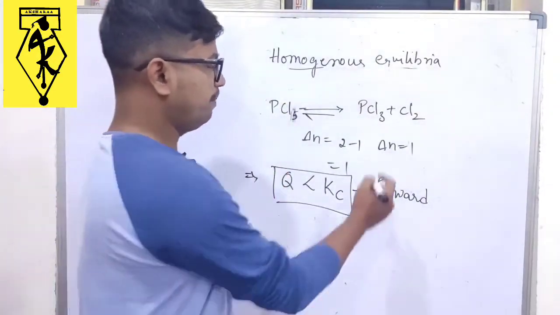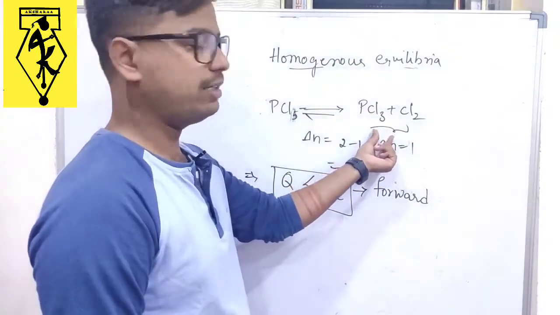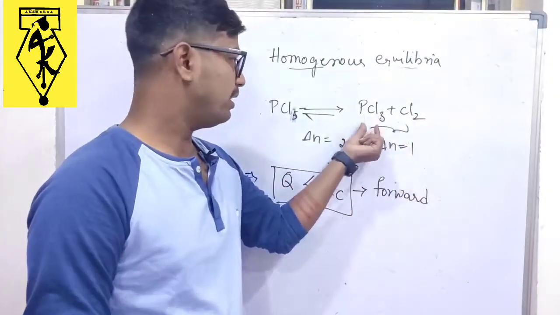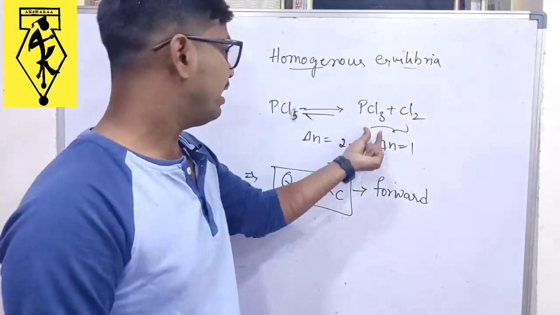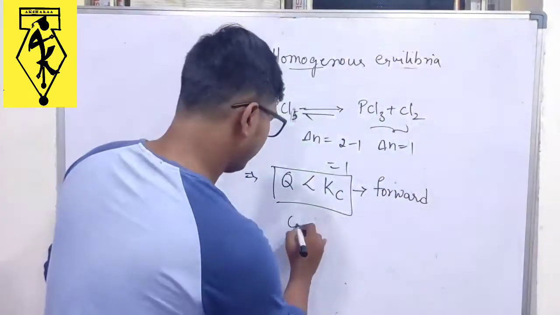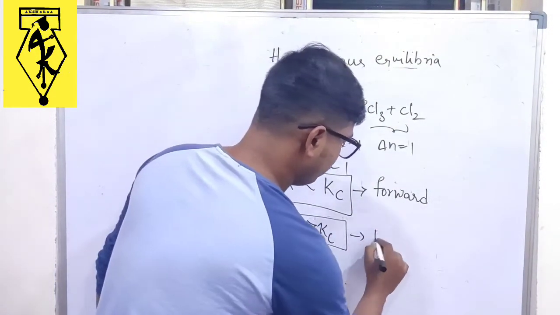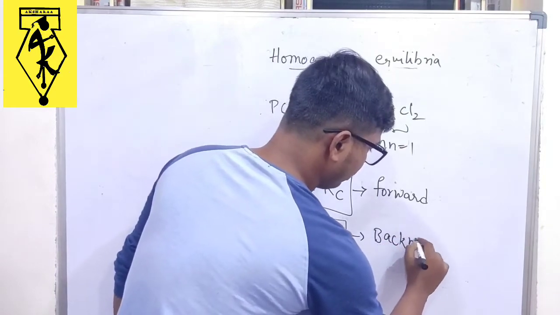What if the product concentration increases? That means PCl3 or Cl2, either one. If we increase it, then the reaction goes backwards. Then we say that the reaction quotient is greater than Kc. In this condition it goes backwards. So this one you have to remember.